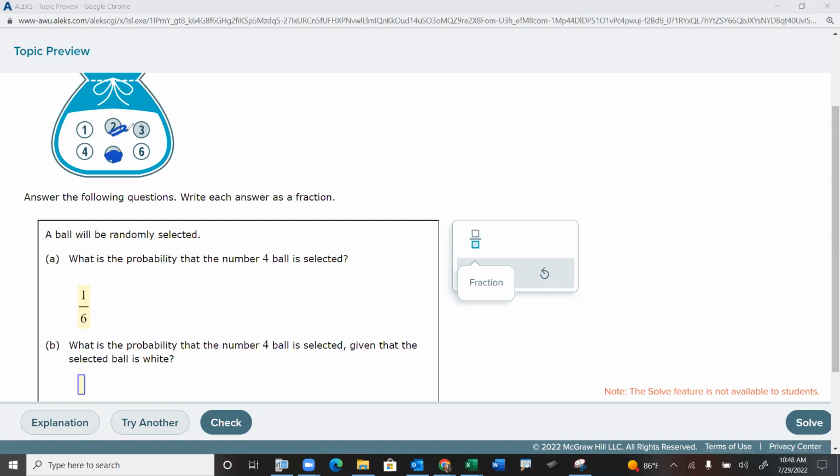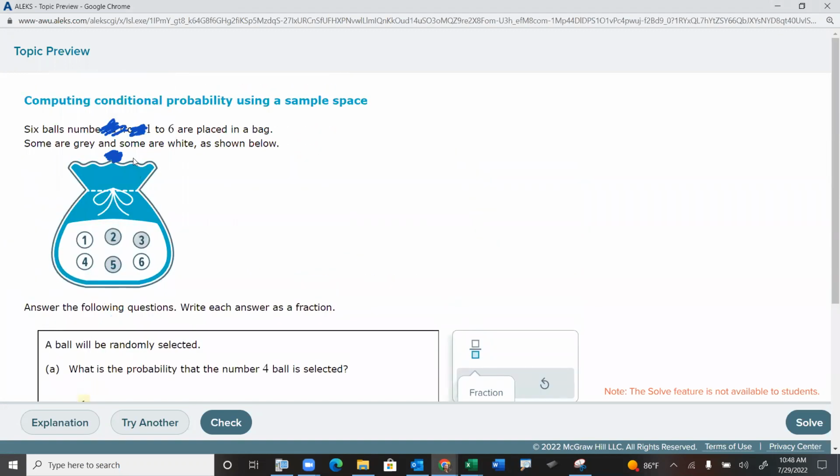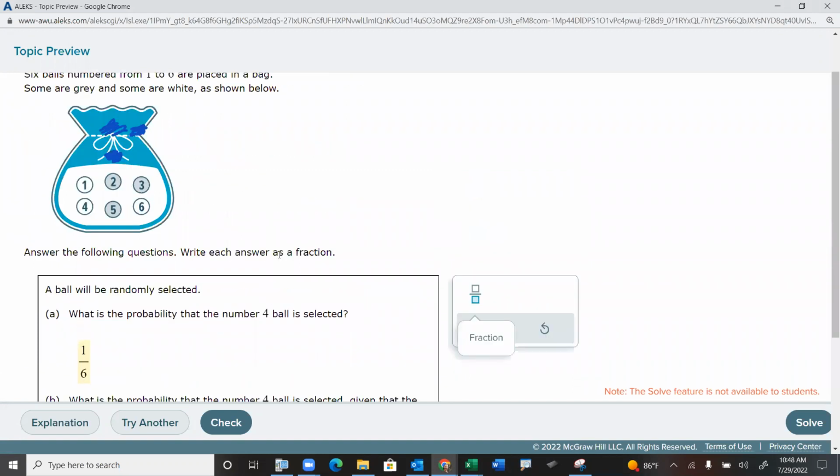You say, oh, okay, so I know it's none of these. Now what's the probability? Well, the probability is no longer 1/6. Now there's only one white ball out of 3 choices. So the condition of it being a white ball affects the probability.